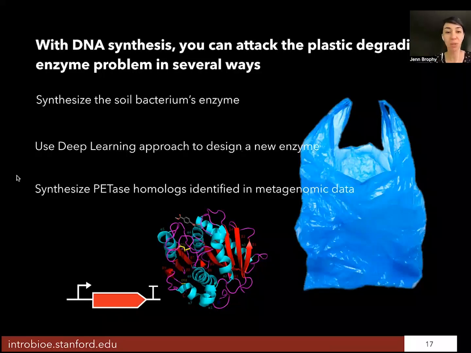Another thing you might be able to do is screen through genomes to look for PETase-like plastic degrading enzyme homologs that may also have some capacity to degrade plastics, and maybe even better than the one that the soil bacterium you had originally found had, or than the deep learning approach.